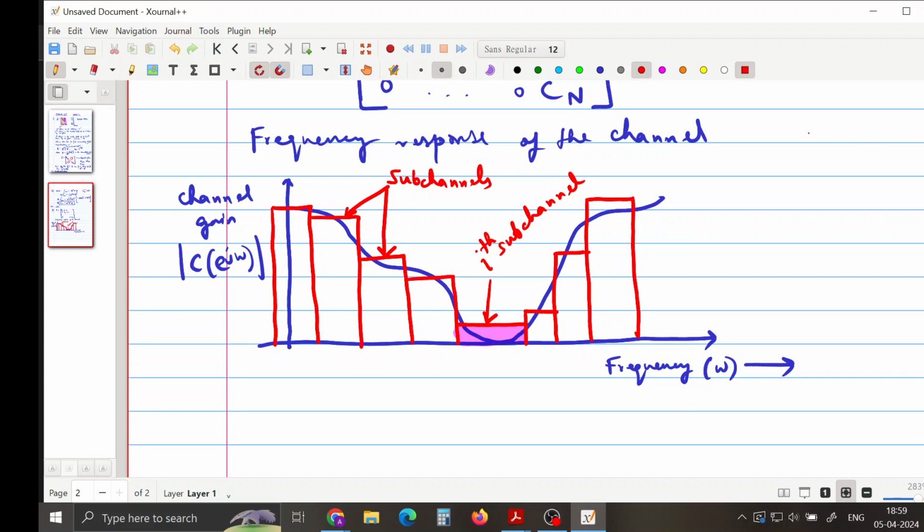Okay, so the first implication of Ci equals 0.